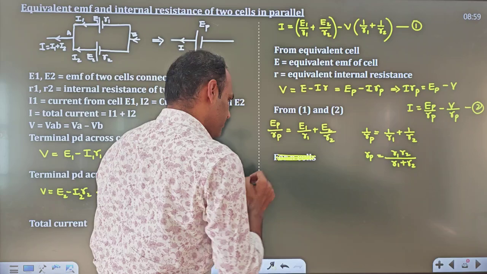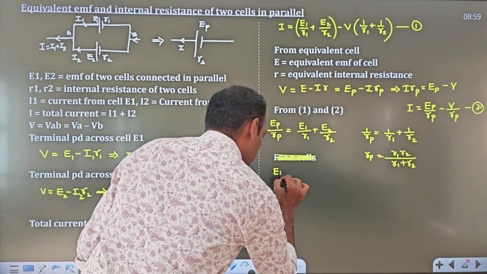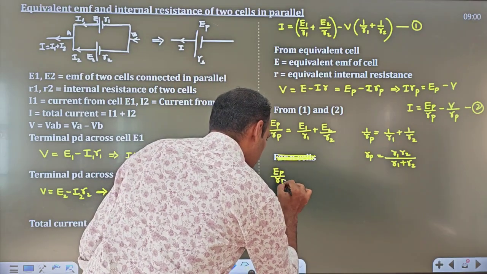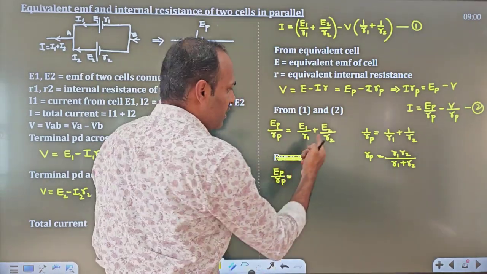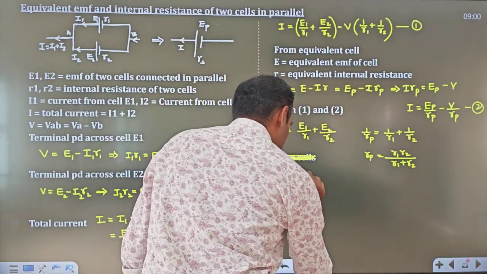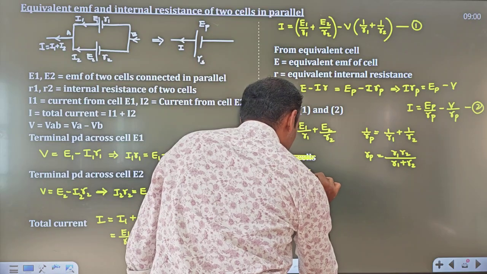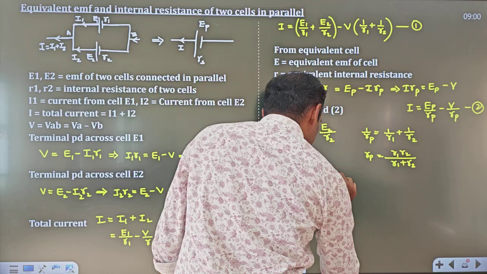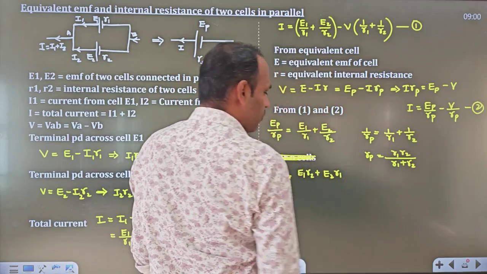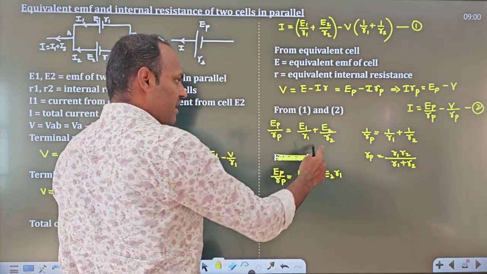Simplify this. Here you have EP divided by Rp is equal to, cross multiply. R2 you multiply with E1, you will get E1 into R2, and R1 you multiply with E2, you will get E2 into R1. Cross multiply.